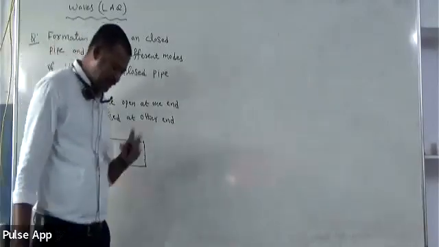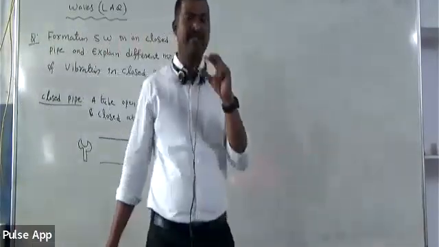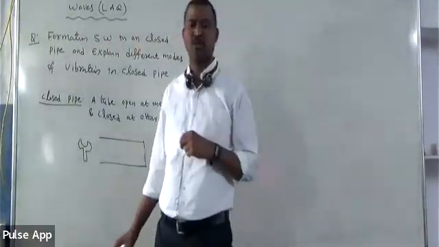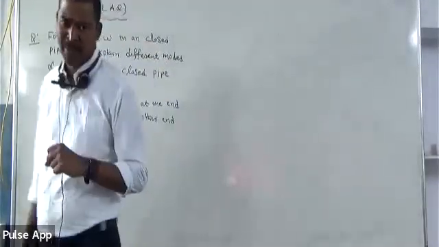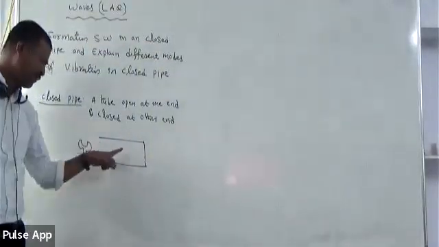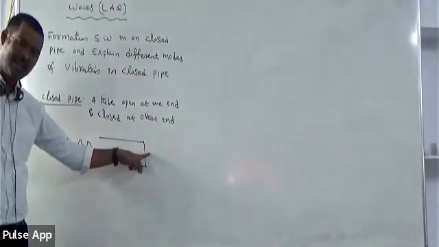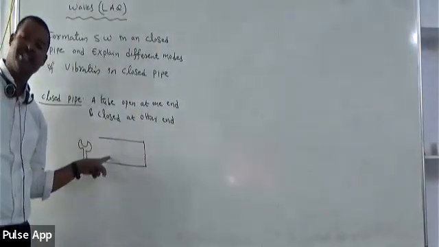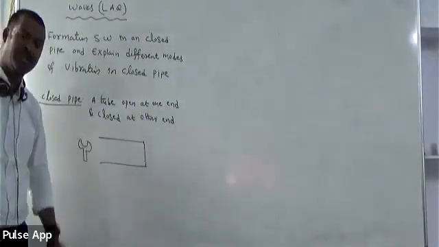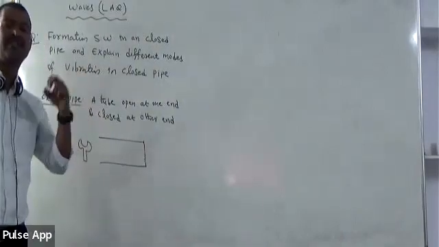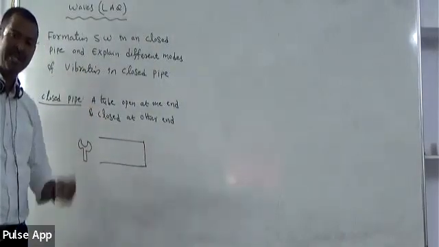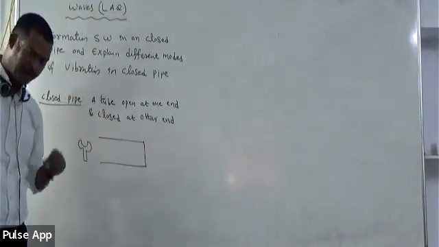So what do we have to write? Simple. Whenever a wave is passed through the closed pipe and it gets reflected from the closed end, the reflected wave and incident wave are superimposed on each other and form a resultant wave called a stationary wave in a closed pipe.